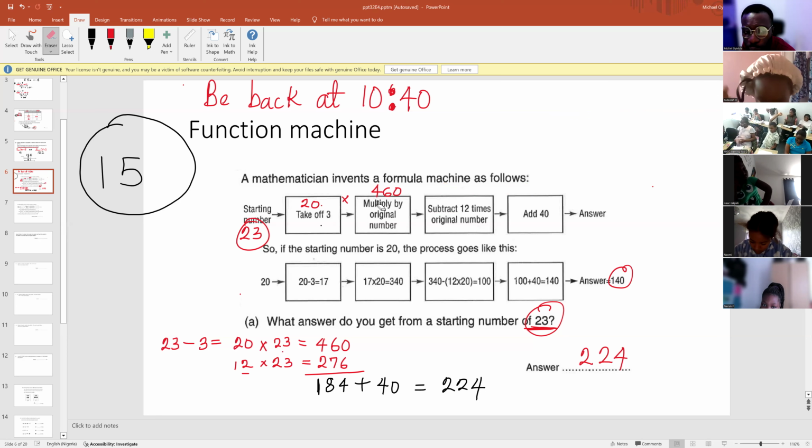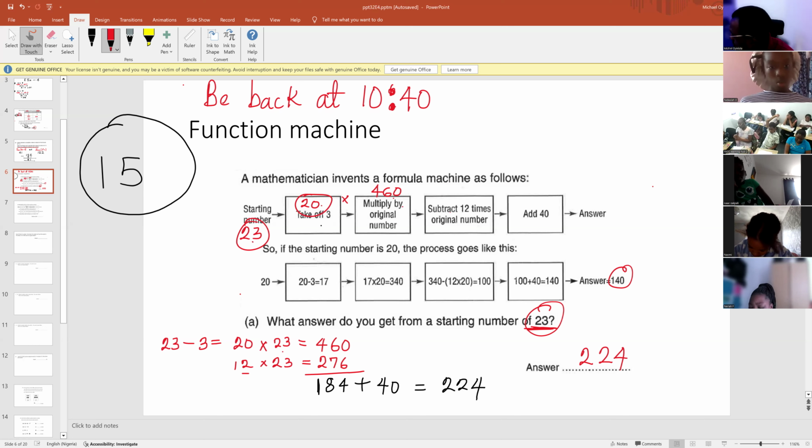You remember what we multiply by 20 to get 416? Yes or no? 23. 23 times 20, that's what it says, multiplied by the original number. That is, we times the answer of this box by the original number. Then we have 460.